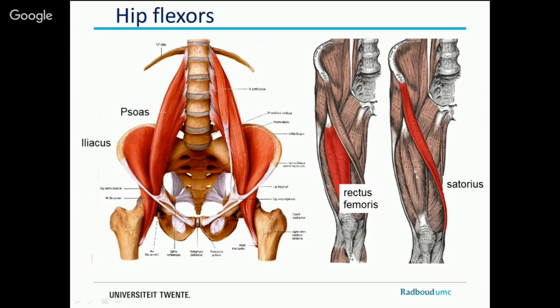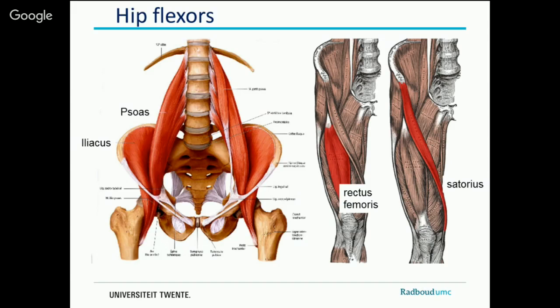So they span the hip joint and the knee joint. So from a modeling point of view, that is very challenging because you cannot just increase the strength, for example, to have a better hip flexion, because you also do something with a knee extension in this case. Okay, so that makes it very challenging in simulations.